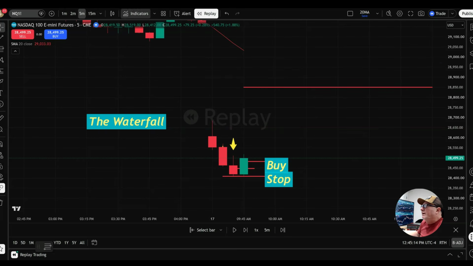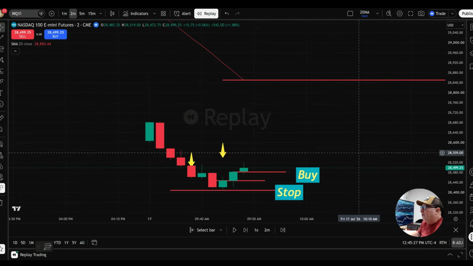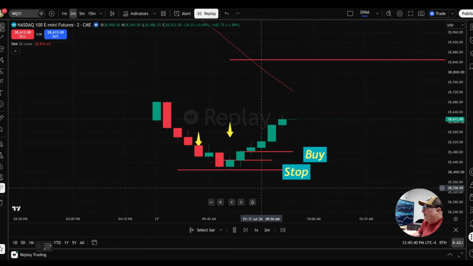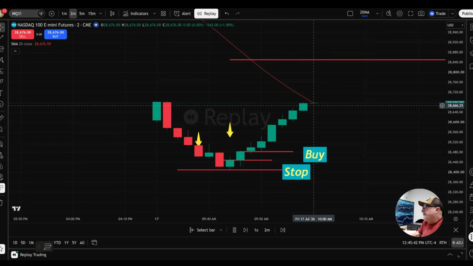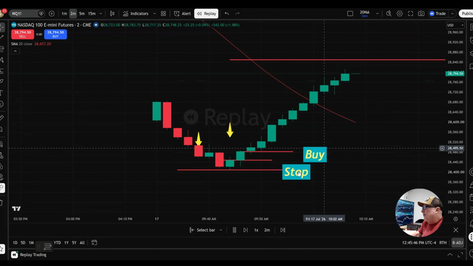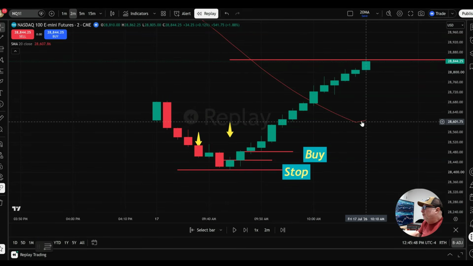So I'm going to let the trade play out on the 2-minute. I'm going to go back to the 2-minute chart. And again, this is what I saw and walked my group through. This was basically the trade. You can see on the 2-minute, there's the 2-minute. I'm going to pause it. That's the 2-minute simple moving average.